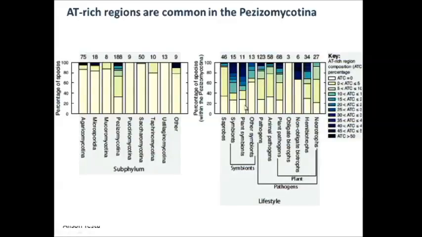And if you look at symbionts, particularly plant symbionts, and also biotrophs and hemibiotrophs, which are typically on the plant for longer, they have the highest AT-rich proportions. The necrotrophs have some proportion of this at lower levels, but not nearly as high in terms of the actual amount of genome invested in this strategy.